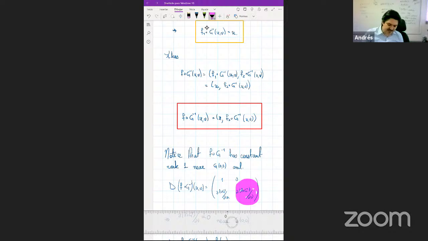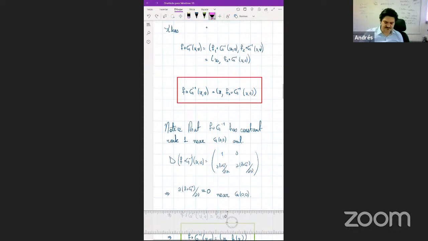However, I'm saying that it has rank 1. So that entry must be 0. Because on one hand, I'm saying that I have rank 1 on a 2 by 2 matrix.